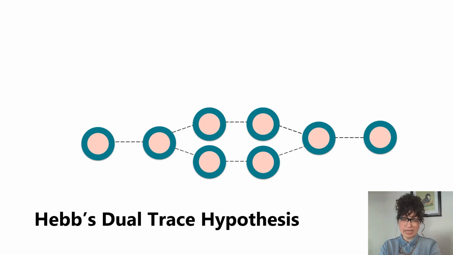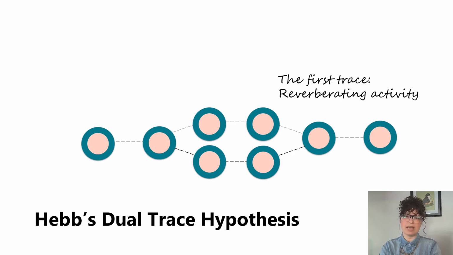So, according to Hebb's dual trace hypothesis, you might have a series of neurons that are all interconnected. The idea here is that simultaneous or near simultaneous activation is the first trace. That is what is happening in the short term. That's our experience being represented through reverberating activity in the brain.